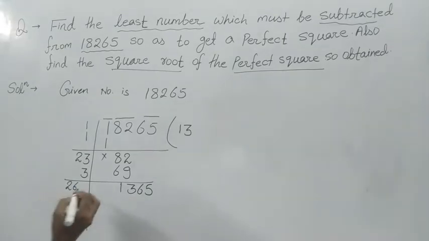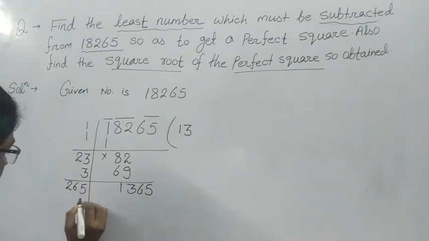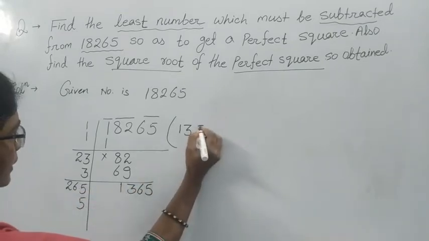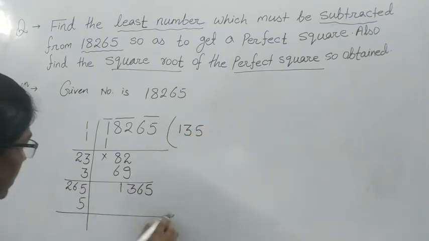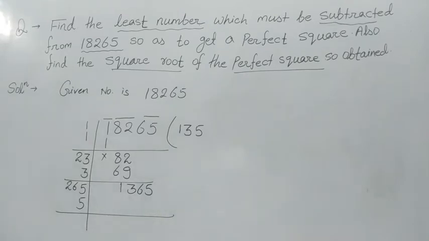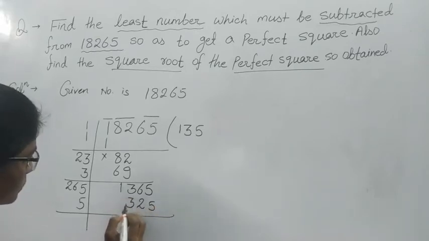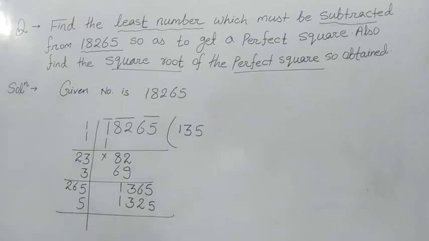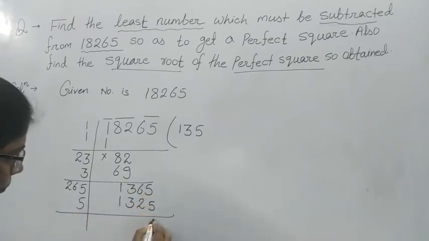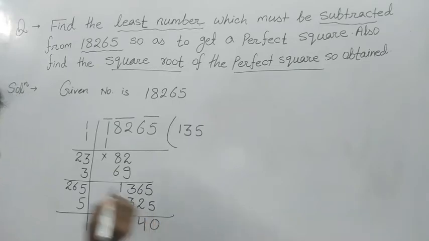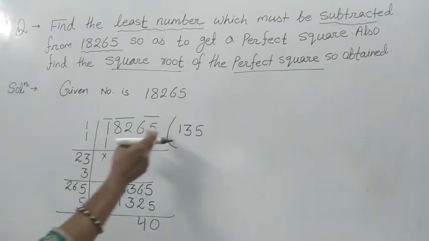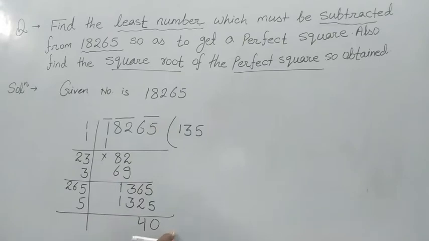So we try with 5 and write 5 here. Now multiply the numbers. So what we get? 1325. Now subtract them. 40.